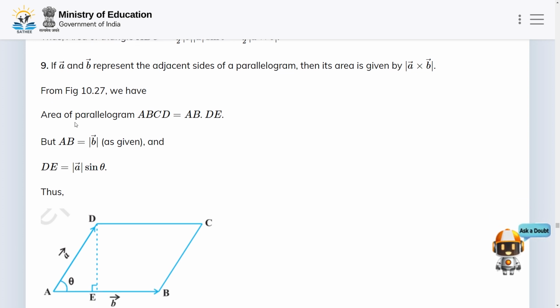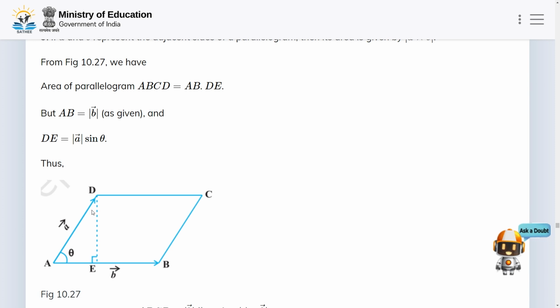From this figure you can see, what will be the area of this parallelogram? It is AB times DE. Now AB is the magnitude of vector B. DE will be the magnitude of A multiplied with sine theta.